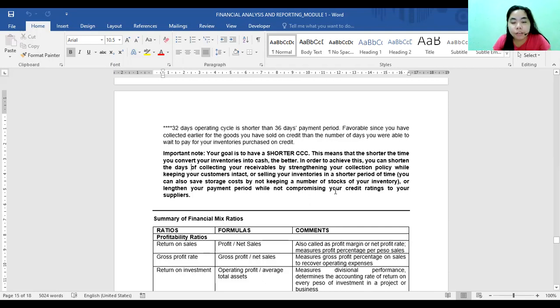Since you are not keeping a number of stocks of your inventory, or you lengthen your payment period. So the cash comes in fast, and you can still roll it over. You keep rolling it, but it takes a while before you pay your debt, though it is not yet super overdue. You make use of the days given to you by the supplier to pay your obligation.